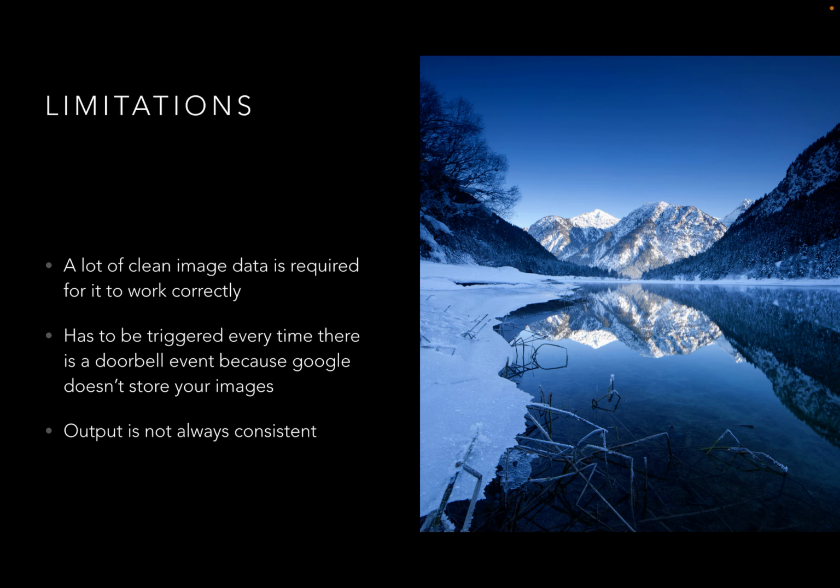And the last point is that the data is not always consistent, because sometimes my front door could be bright, sometimes it could be dark. I stay in public housing, the lighting outside is not controlled by me. The image I upload might not be able to effectively match the current event, which is why the output is not as consistent.